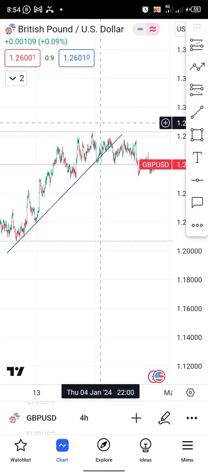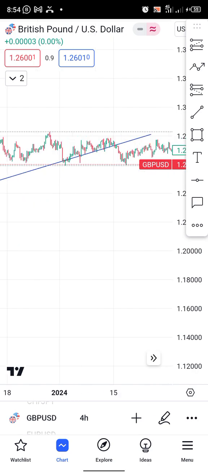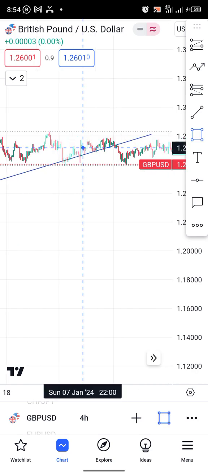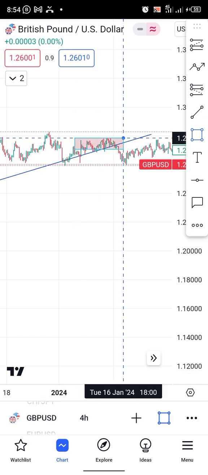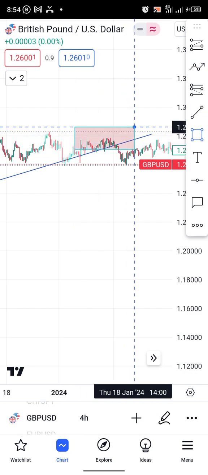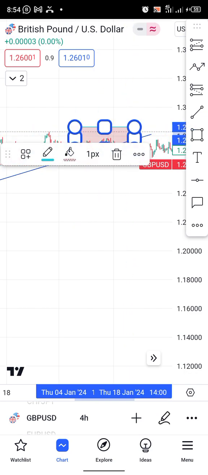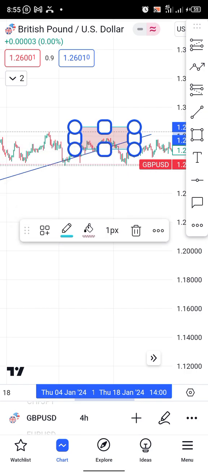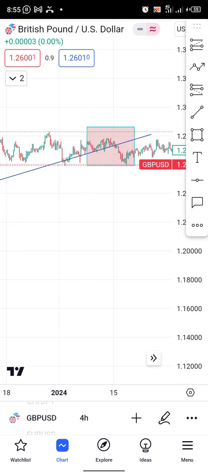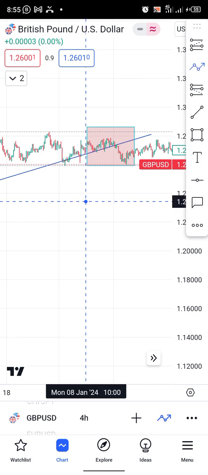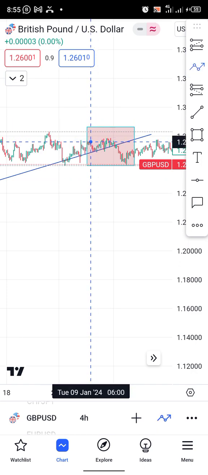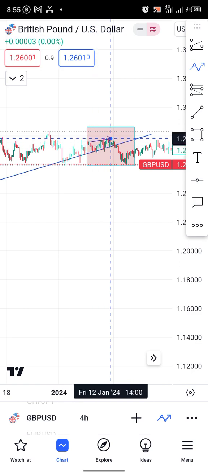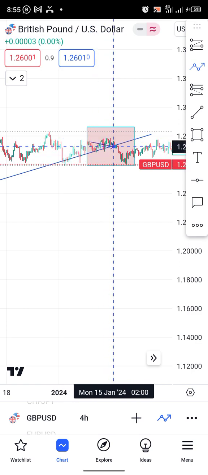Let me zoom it out so you can see. So now this was the breakout at this point. You would definitely feel like, what do I do right here? Initially, what you had expected was that at this point the market should go up, like this.